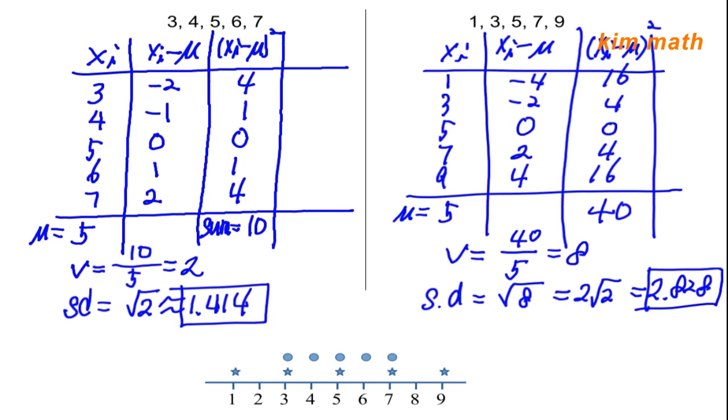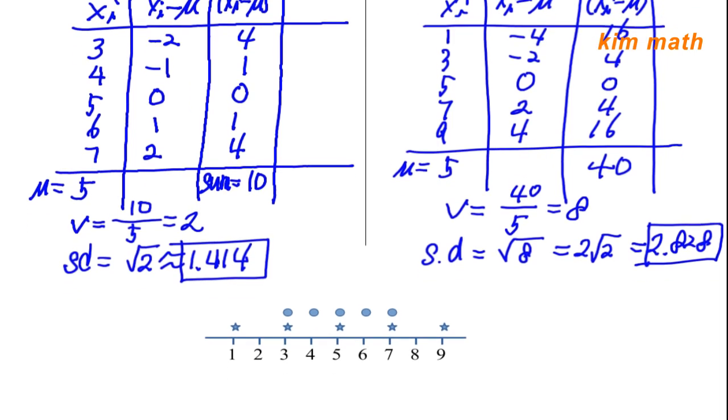The reason I gave this example is to compare the dispersion. The standard deviation 1.414 is the situation of this one, and standard deviation 2.828 is the situation of this one. Can you see the difference in their dispersion?